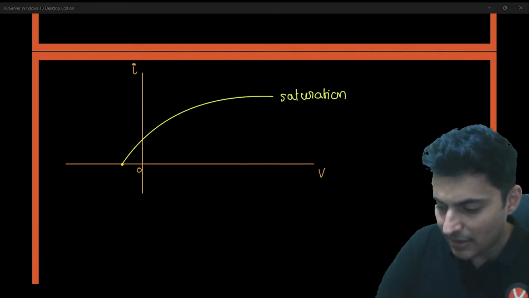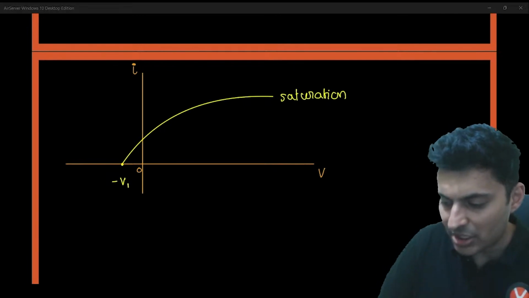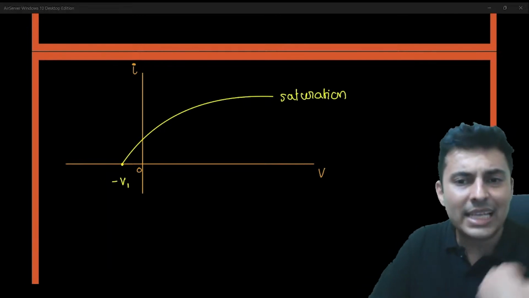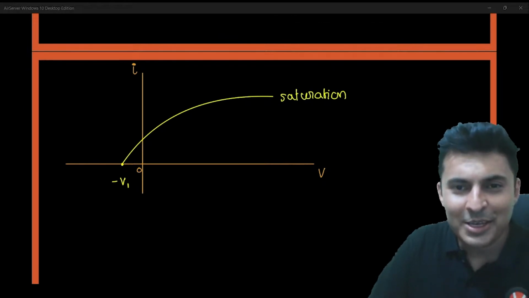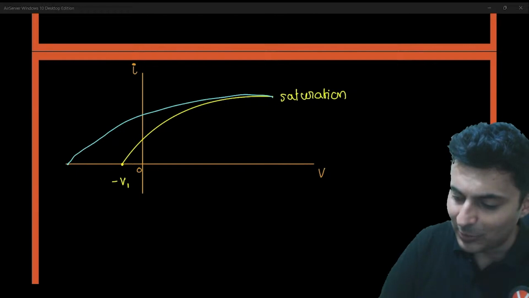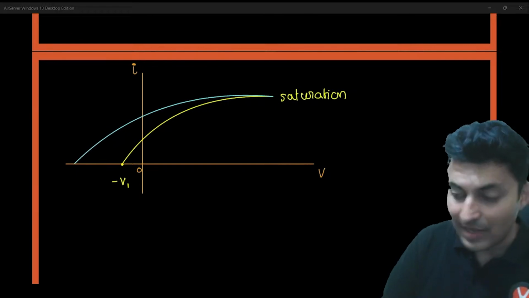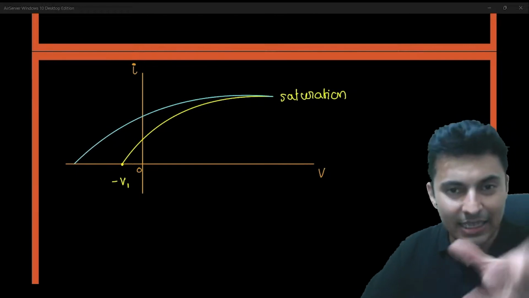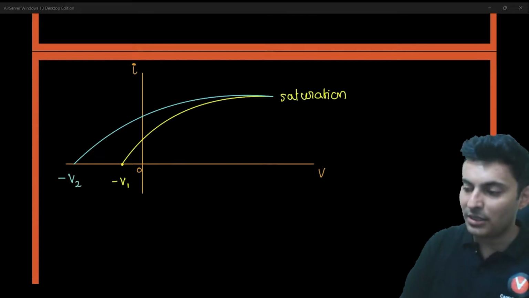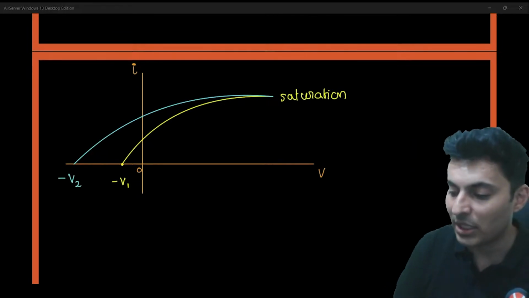Let's say this is minus stopping potential 1. If you take light of a different frequency, you will see that the graph will go like this. Saturation will be the same. Basically, the intensity is the same, but it will have a different stopping potential.